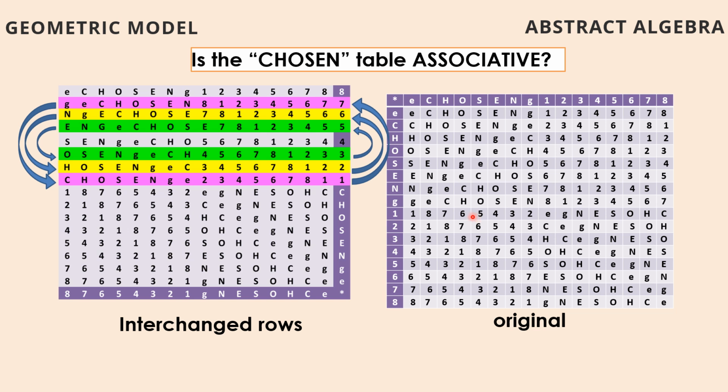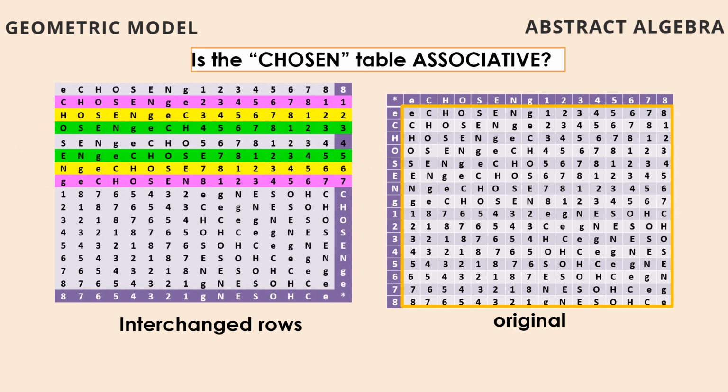Let's interchange row 2 to row 8, row 3 to row 7, row 4 to row 6. Now let's see. The flipped rows and interchanged rows are now identical to the original table.